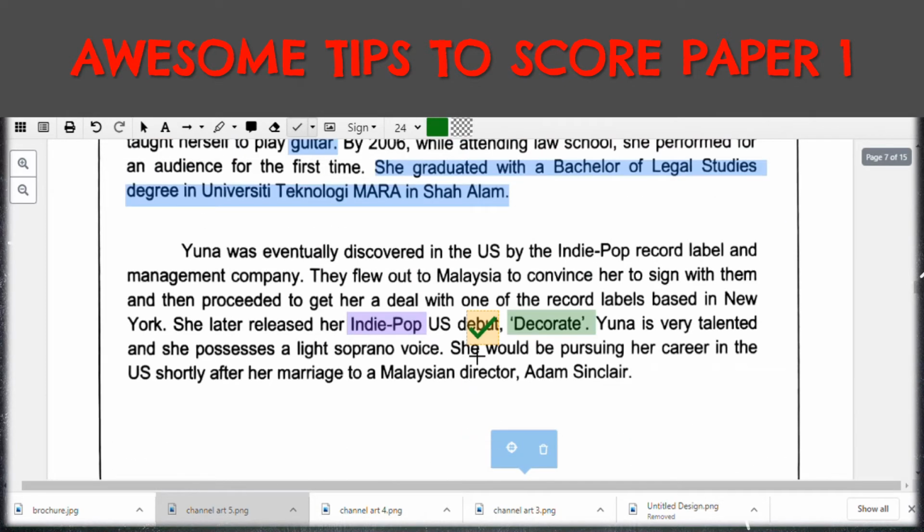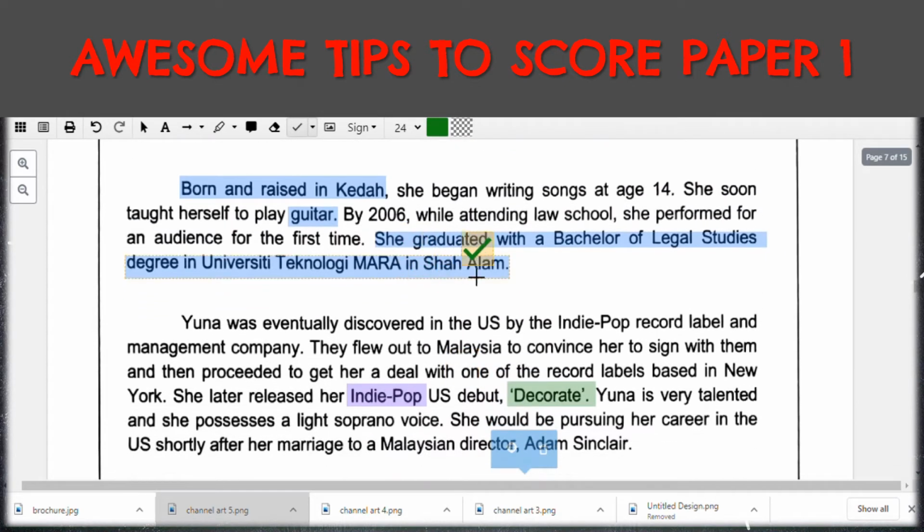She graduated with a Bachelor of Legal Studies degree in University Technology Mara in Shah Alam. So, University, big U, big T, and Mara, all capital letters. That is 1, 2, 3 words. In Shah Alam will be 1, 2, 3, 4, 5, 6 words.